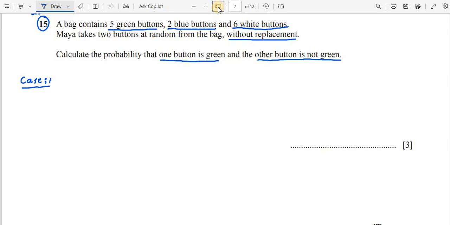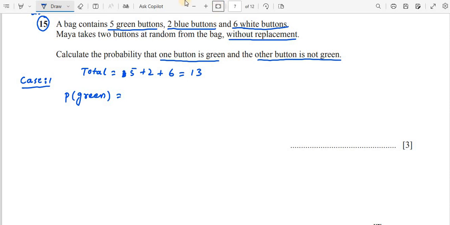Case 1, probability of green. First of all, we find the total number of buttons. The total is 5 plus 2 plus 6, that is equal to 13. We find the probability of green.